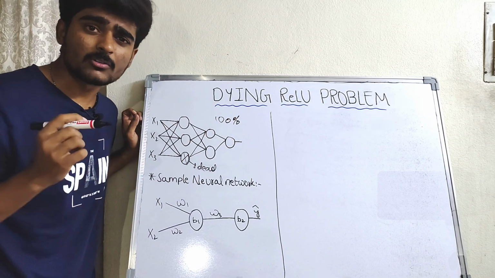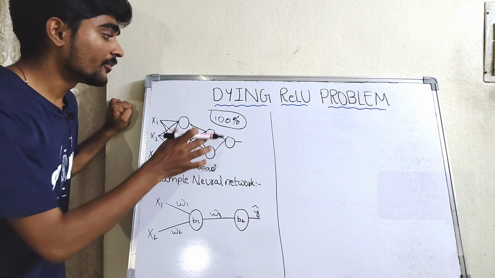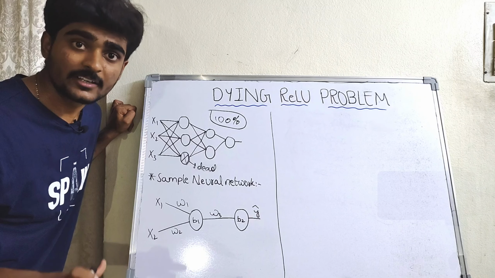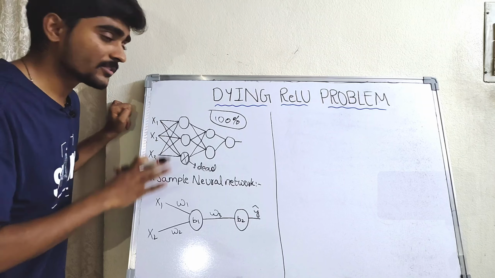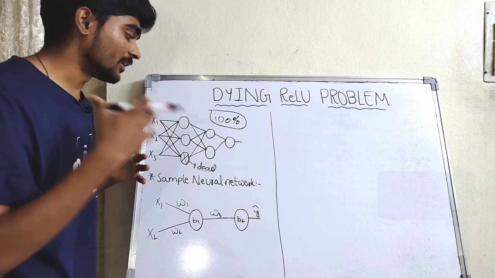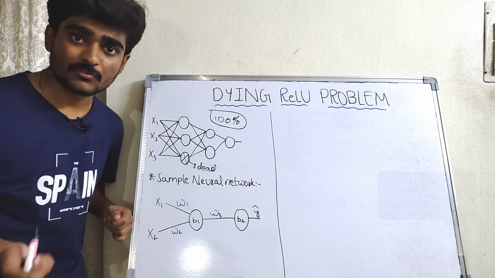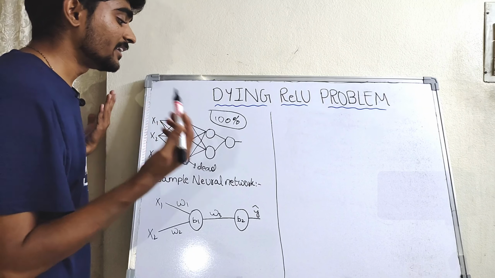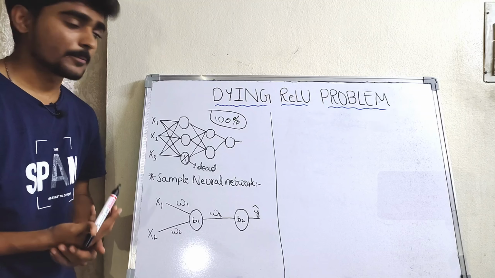When 100% of the hidden units are dead, then there is no existence of the neural network. When there is no existence of the neural network, the entire training process does not happen, right?